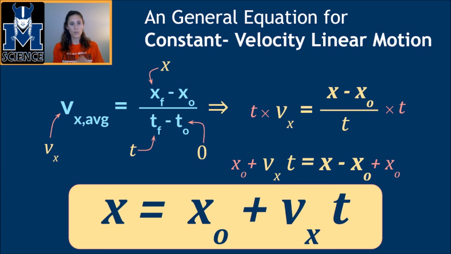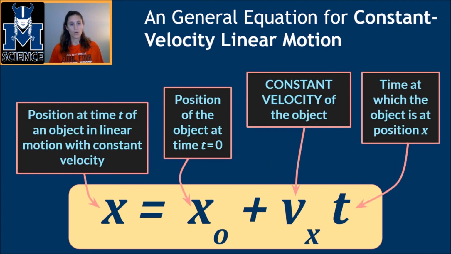You can calculate the position of the object by taking its initial position and adding to that Vx times t. So the velocity of the object times t. And remember, this works for constant velocity problems. So if your velocity is changing, things get a little bit different. But if you have a constant velocity, this equation can be used to solve for the position as a function of time.